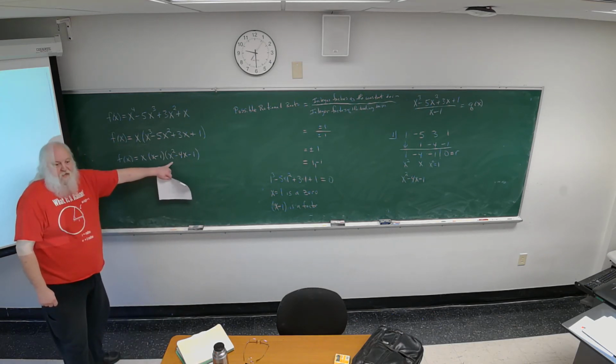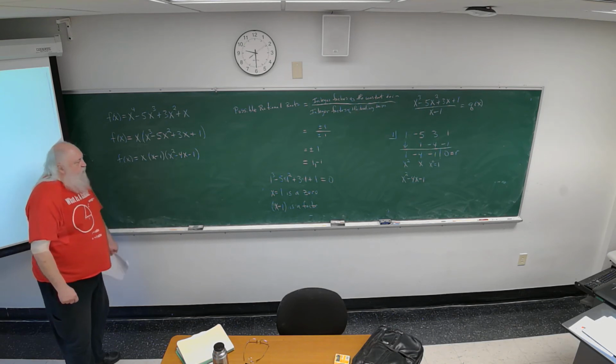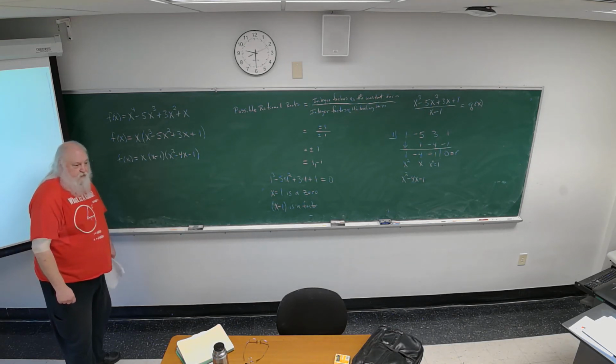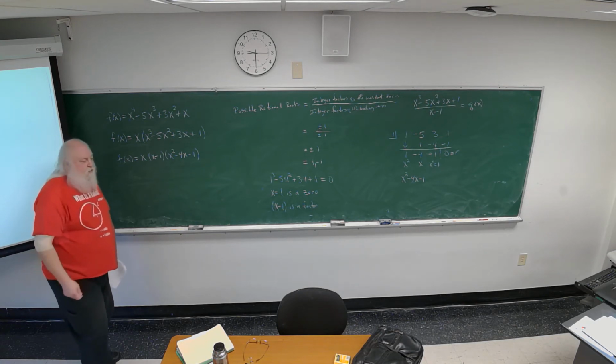And now we've got to factor x squared minus 4x minus 1. Okay. Well, we can't factor that with real numbers. We've got to use the quadratic formula.